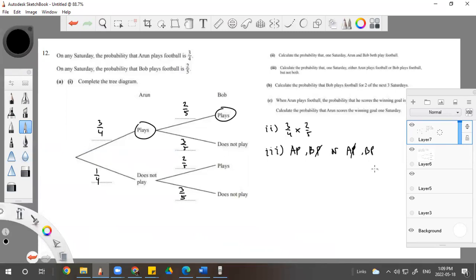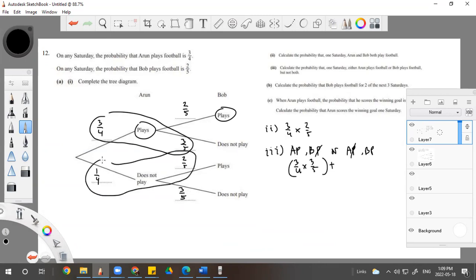Jadi 3/4 times 3/5 plus 1/4 times 2/5. Calculate yourself.